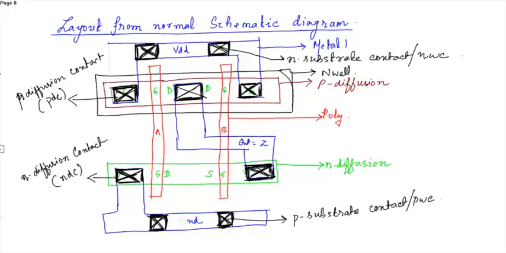So we can erase this part and write this as the twisted schematic. This was a twisted schematic, not from the normal schematic. So now we'll see the layout from the normal schematic diagram.